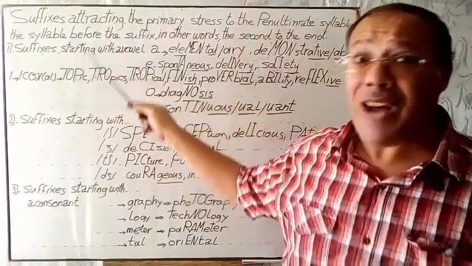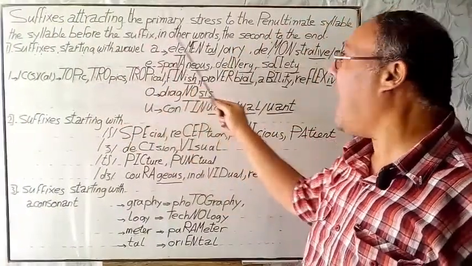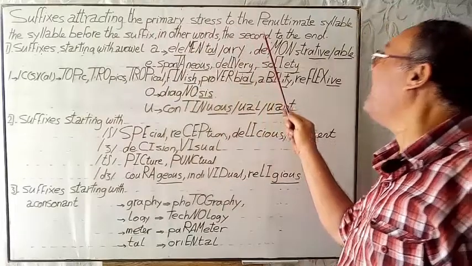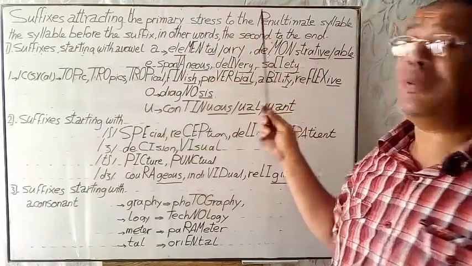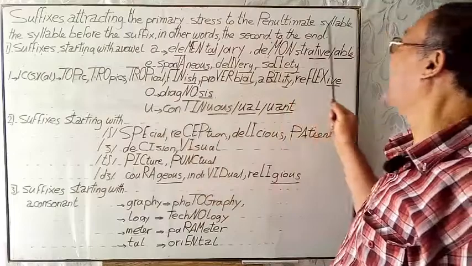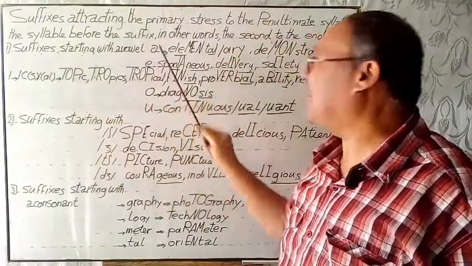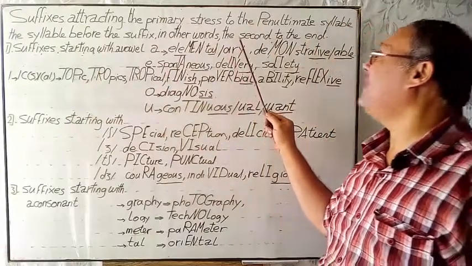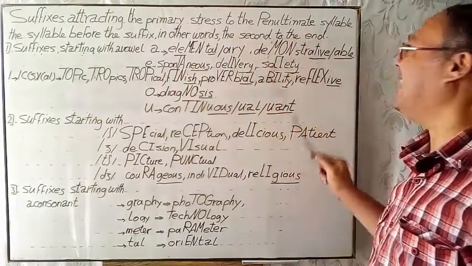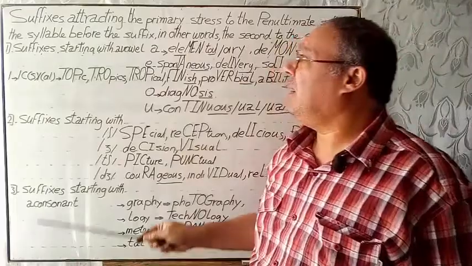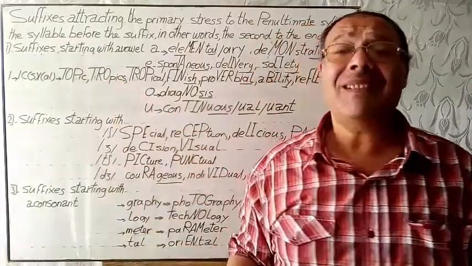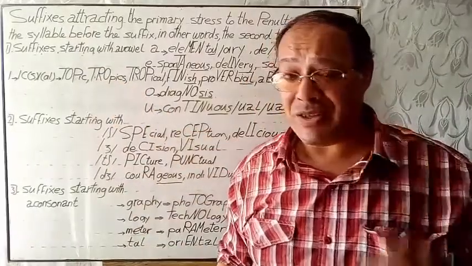Suffixes attracting the primary stress to the penultimate syllable. What is meant by penultimate syllable? The syllable before the suffix. In other words, the second to the end. These suffixes are mainly divided into three major types.